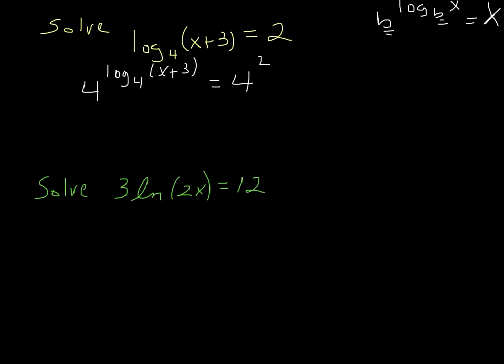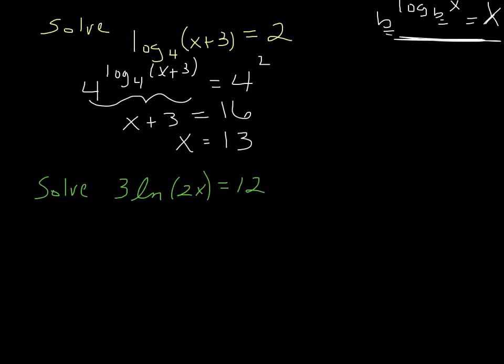And when I do that, I can apply this earlier property to the left side. 4 raised to the log base 4 of x plus 3 is simply going to leave me with x plus 3. 4 squared is just 16. So I solve for x, and I get x equals 13.